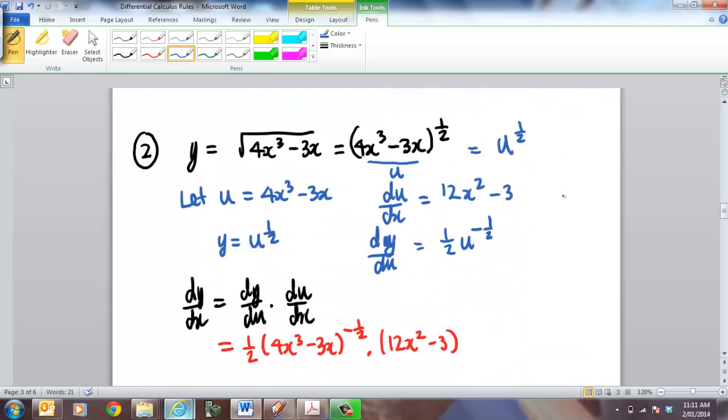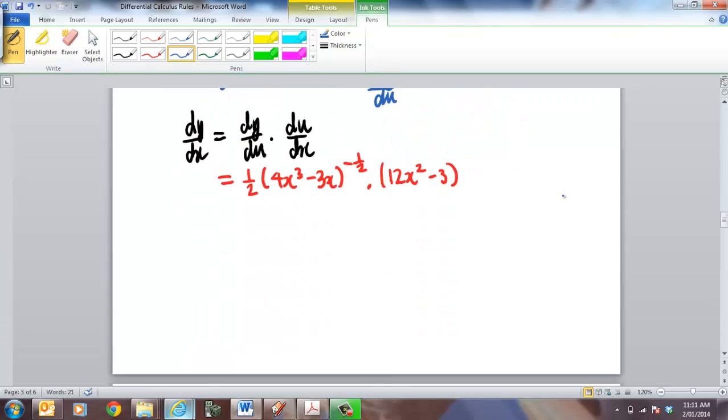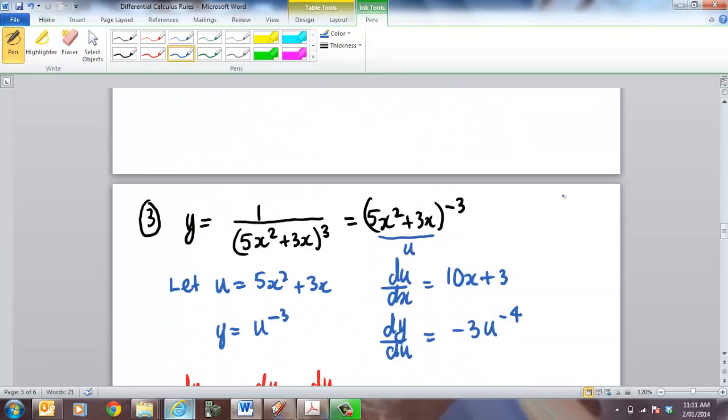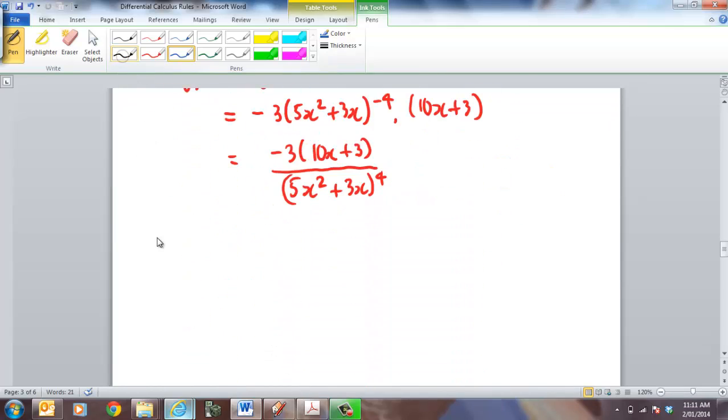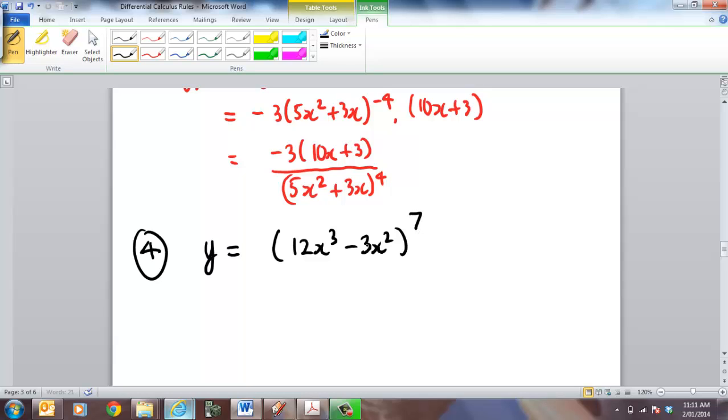Probably easier if I actually just do one afresh. Let's make one up very quickly. If I have a function like this, let's say y is equal to 12x cubed, take 3x squared, to the power of 7. If I'm wanting to differentiate that using my function of a function rule, I simply go 7 and then 6, and then I differentiate what's inside.